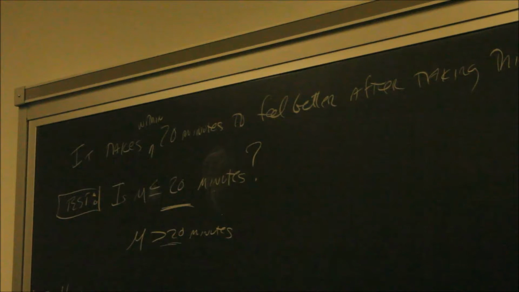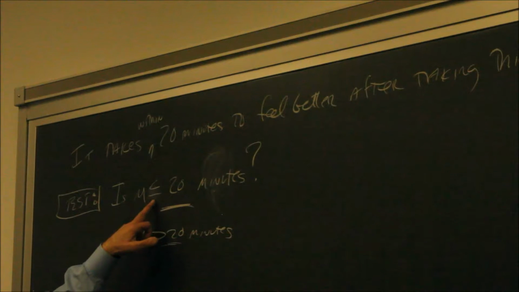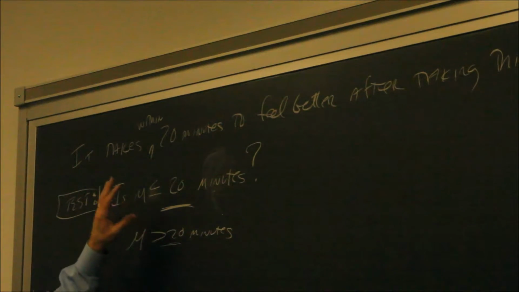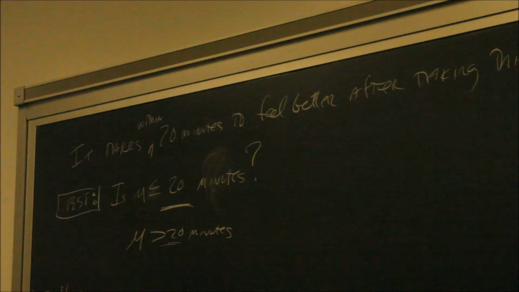When you test the hypothesis in statistics, you want it set up always this way: wherever you see the equal piece, that is going to be the null hypothesis. So in this case, what we're testing is the null hypothesis. So H0 is going to be mu less than or equal to 20 minutes.